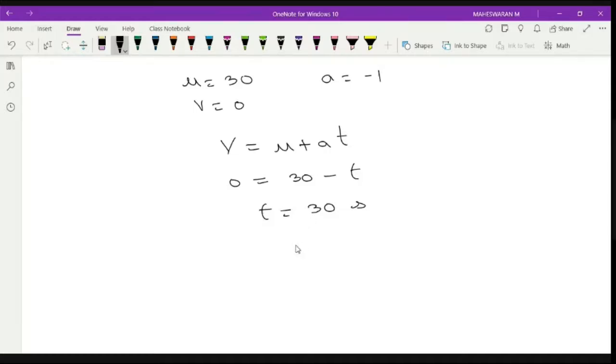The next thing is to identify the S value. We use S equal to UT plus half AT square. Make sure I am putting plus here because my acceleration is negative, and I have already mentioned it as negative.